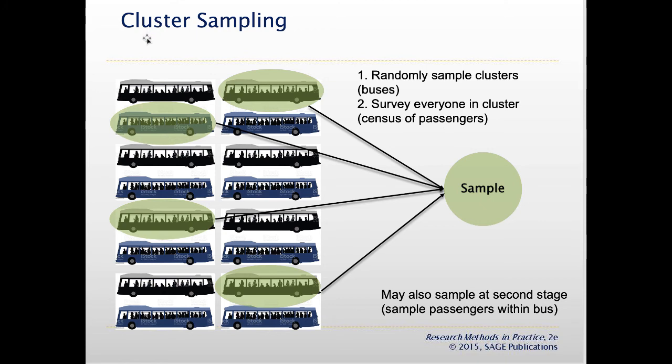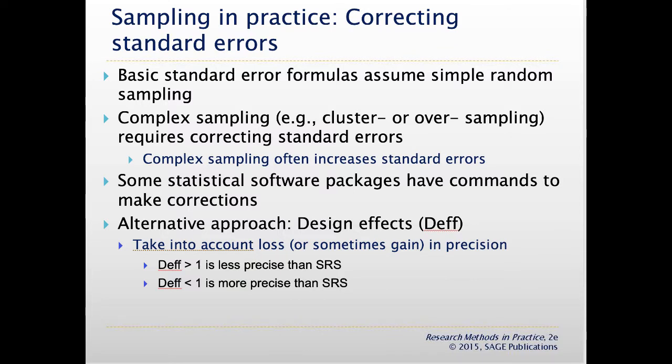So first you randomly sample the clusters, the buses. We're thinking of buses as just clusters of passengers. Then you survey the passengers within each of those sampled clusters. That example is a census of passengers, but you can also see cases where you would sample the passengers within the bus.